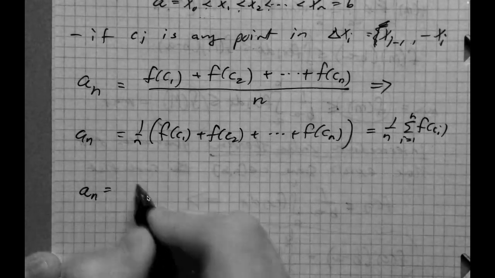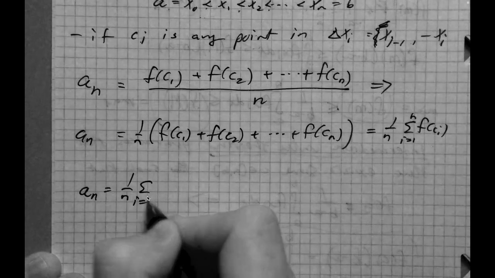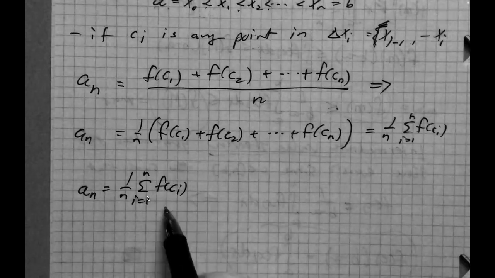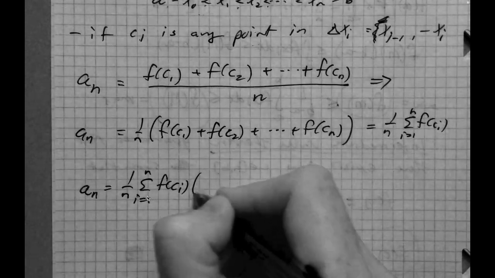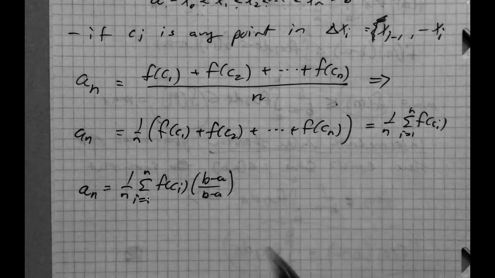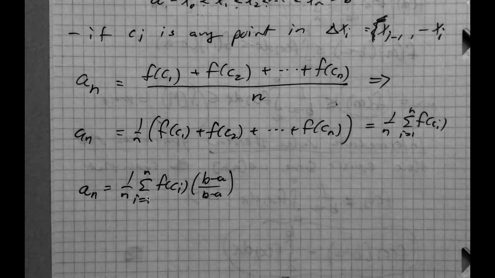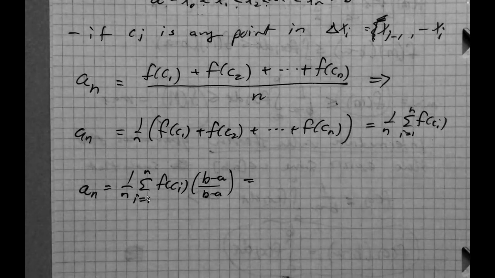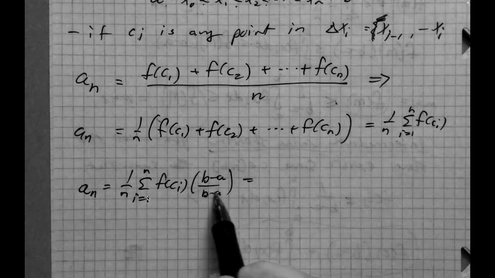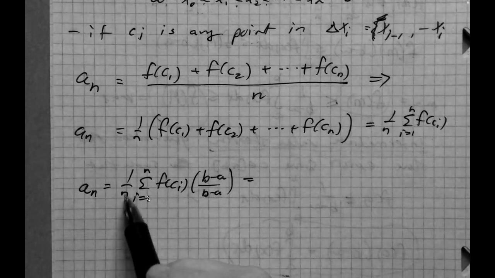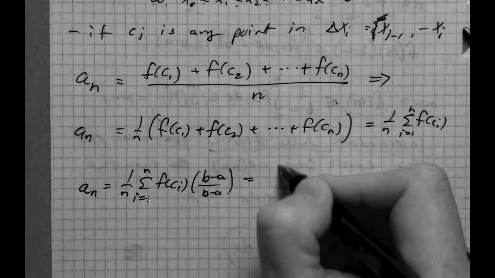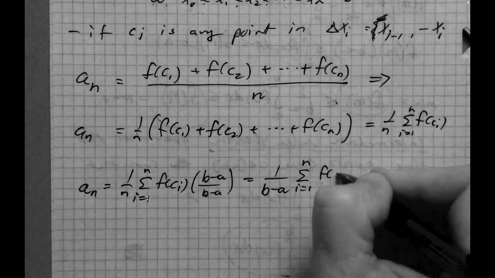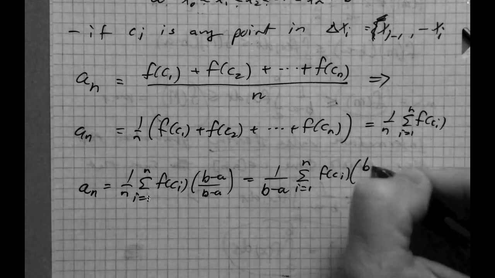So a sub n equals 1 over n, sum i equals 1 to n of f of ci. Now let's multiply and divide this by b minus a. We can do that, right? That's just multiplying by 1, no problem. But this is an algebra trick that we're about to perform here. So we're going to take the denominator, pull it outside of the sum, and we're going to bring this n back in. And so when we do that, we get this.